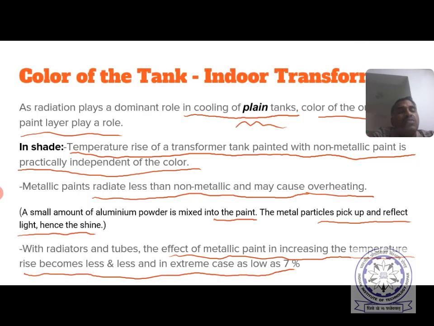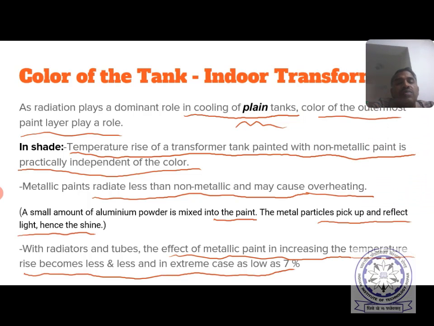Paint effect comes into the picture for plain tanks only, and in plain tanks, if you keep them under shade, means for an indoor transformer, non-metallic paint is better actually. They will radiate better, and metallic paints are not good for indoor transformers.